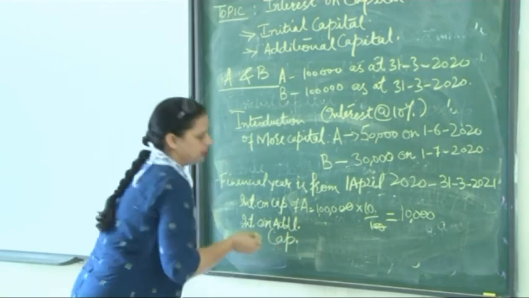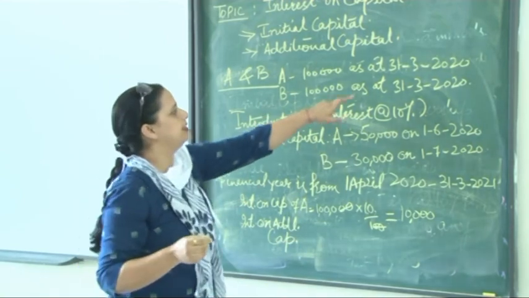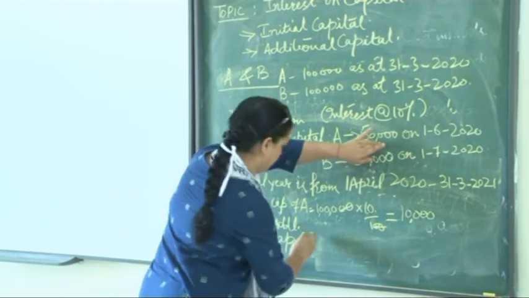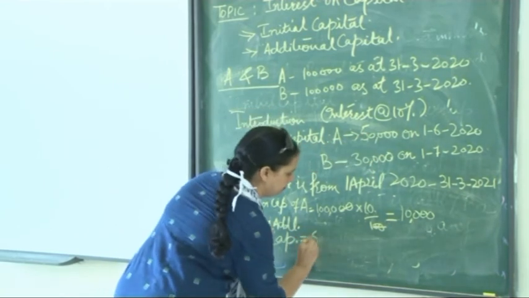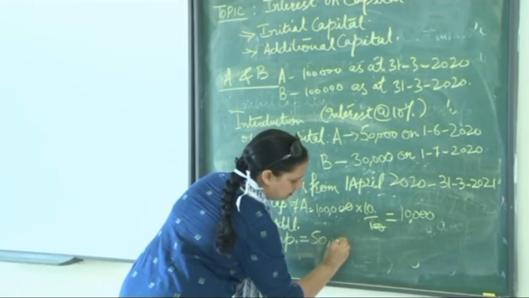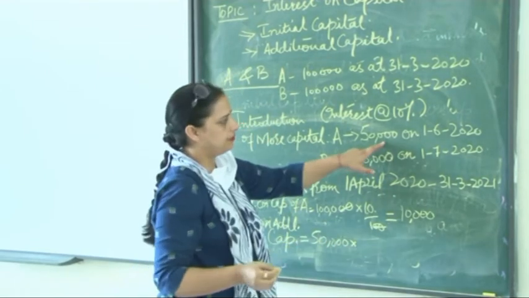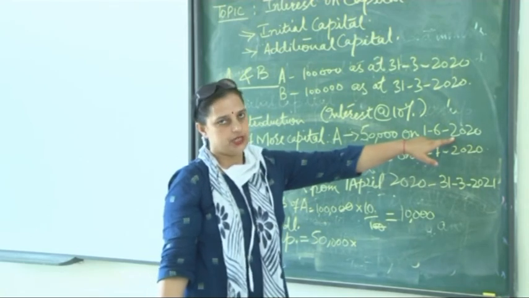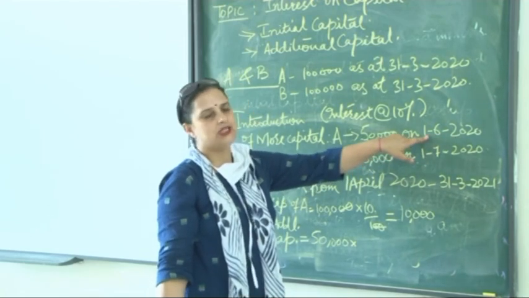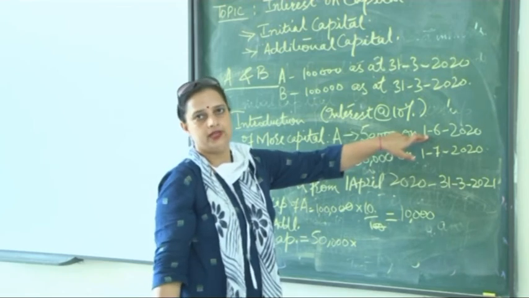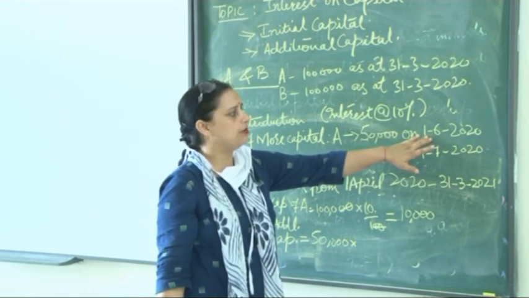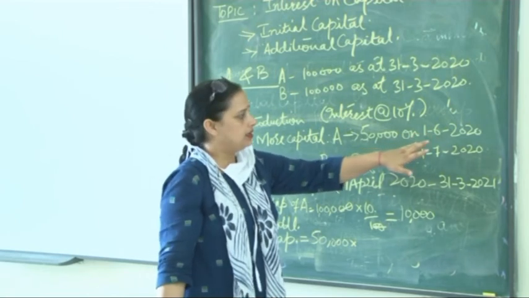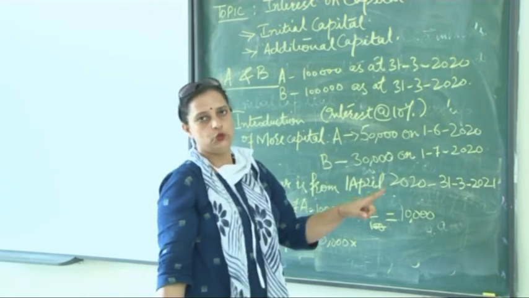Interest on additional capital. Additional capital has been introduced by A, 50,000. The amount is 50,000, but this 50,000 has been introduced on 1st of June 2020. So for this interest on capital, the full year cannot be calculated. So we have to calculate the interest on capital from June onwards.